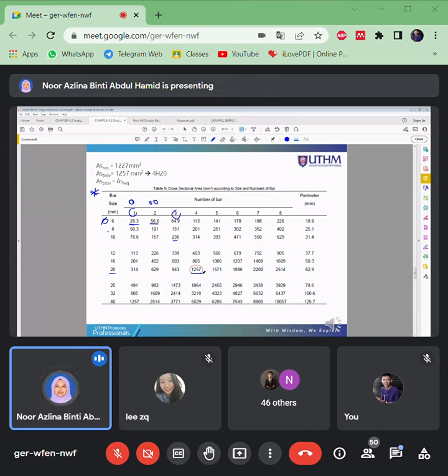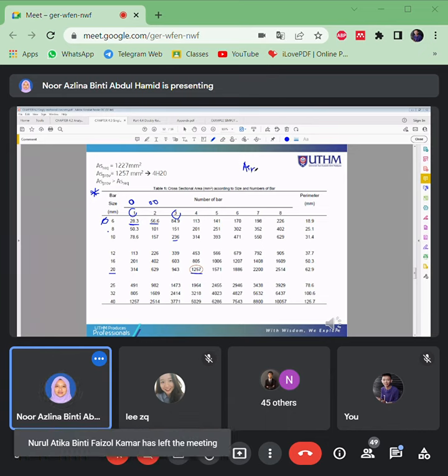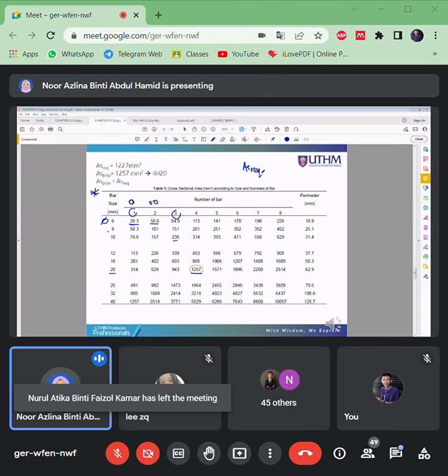Once you want to provide the reinforcement here, the area should be equal to or more than the AS required. AS required, that is required to provide. Okay, 1227.